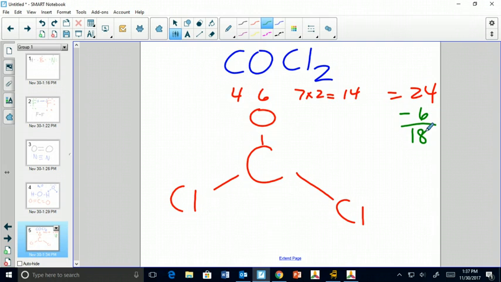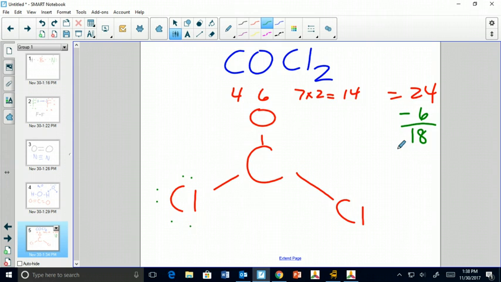Okay. How many electrons does each element need? 8. Remember, except hydrogen only needs 2. So, can we fill in the rest of these and see if we can't use up all 18? So chlorine has 2 here, so let's put 6 there. So now chlorine has 8. Are you with me?